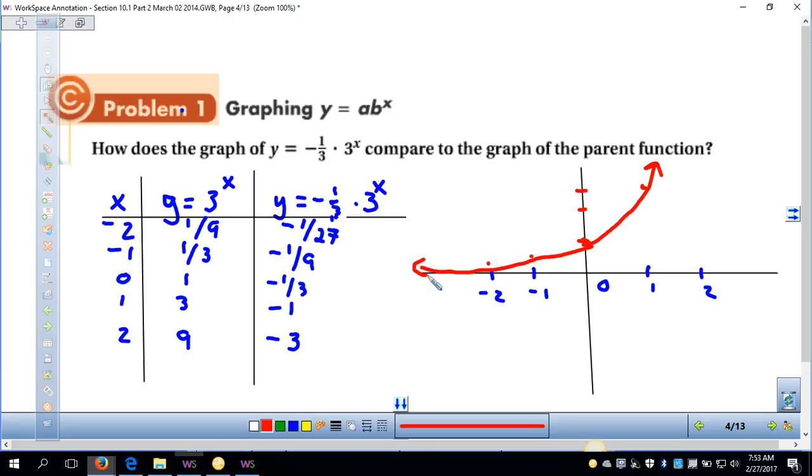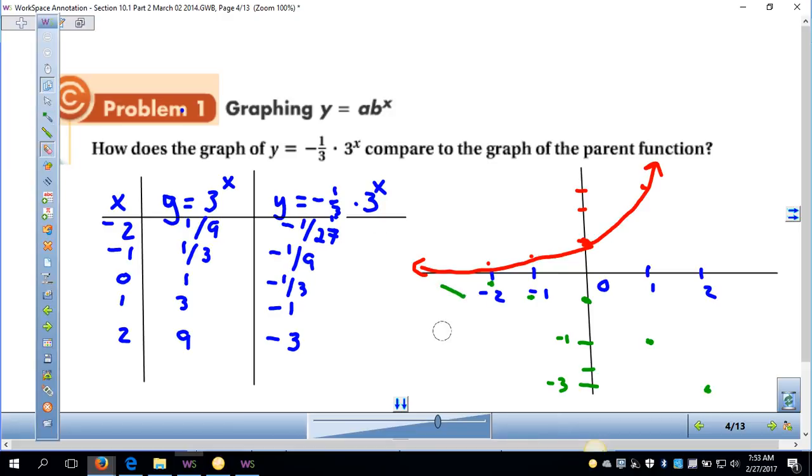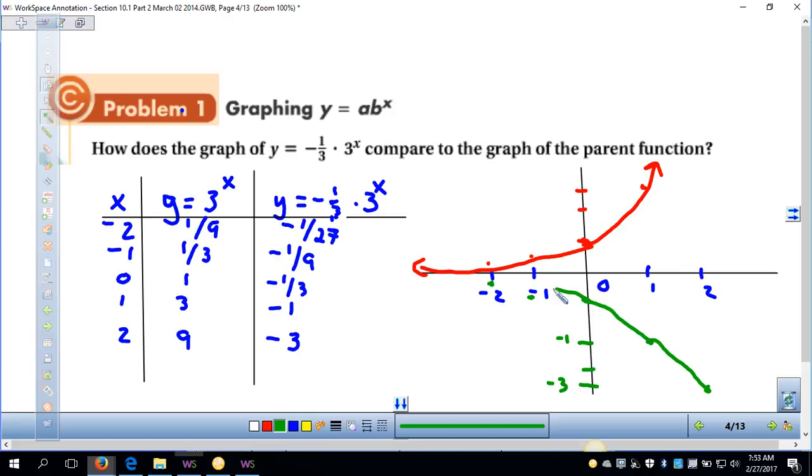So my red graph is my 3 to the x. So we're looking at something like that.